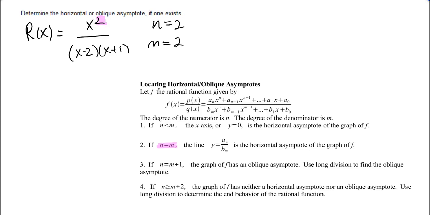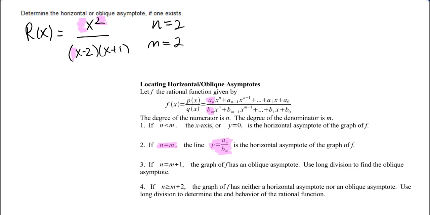So in that case, we're going to have a horizontal asymptote, and it's going to be the line y equals a sub n over b sub m. Now that is the leading coefficient. And the leading coefficients are these coefficients that are attached to the highest degree term. So for our example, the highest degree term is this x squared, and we're going to have a coefficient of 1 here.